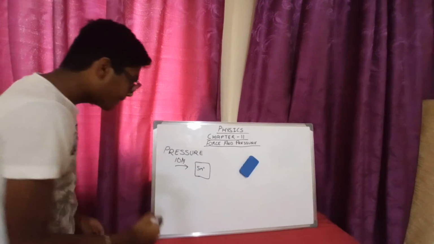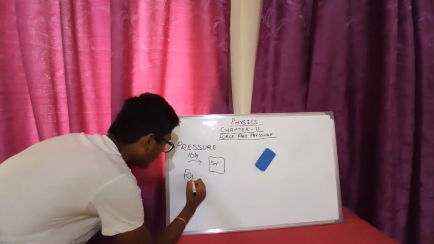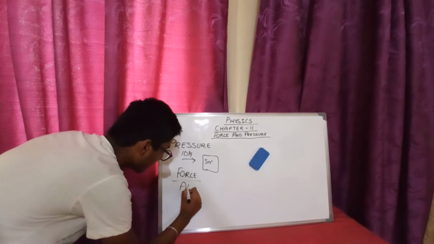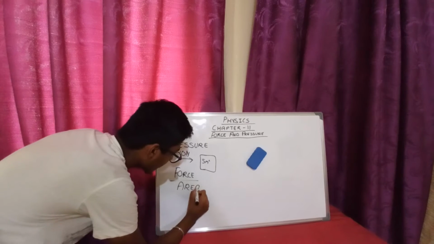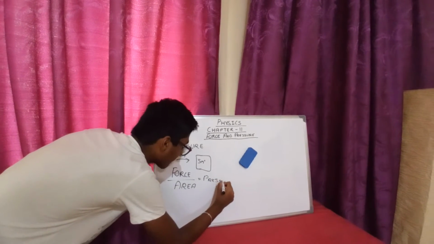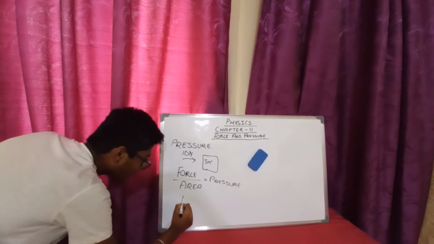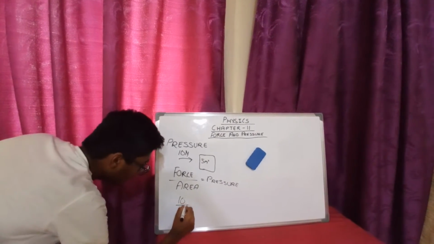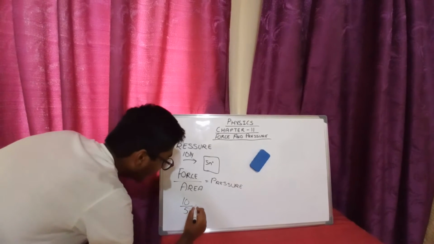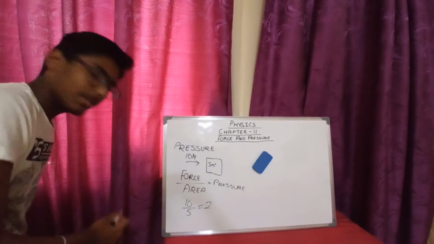So what will be the pressure? As we know, force upon area equals pressure. So it will be 10 newtons upon 5 meters square. 10 divided by 5 is 2.